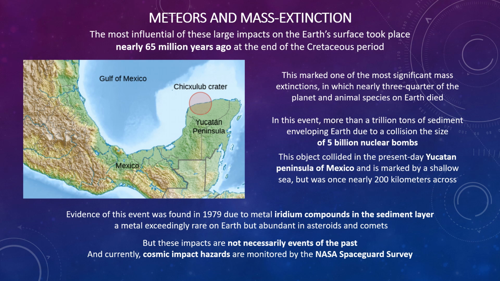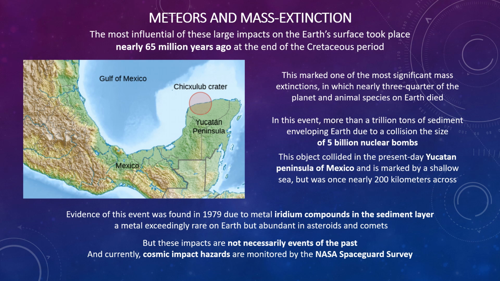That sediment went into our atmosphere, blocked out a lot of sunlight and heat and radiation, which then further led to extinction events. This crater is marked now by a shallow sea, but it was nearly 200 kilometers across at one point.